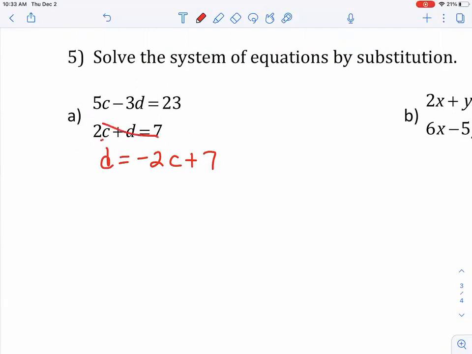And then I'm going to cross that out. Okay, so I rewrote that second line. I moved the 2c over so that I had one of the letters, the d, by itself, one of the variables. Okay, because now I can make a substitution. Now I know that d equals this, so I can plug that in for d.